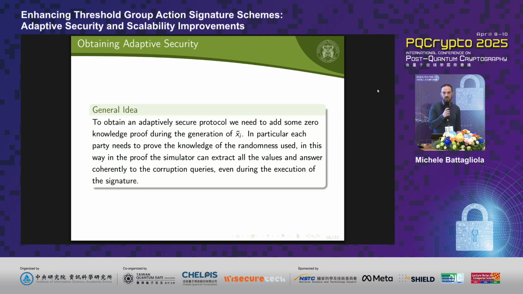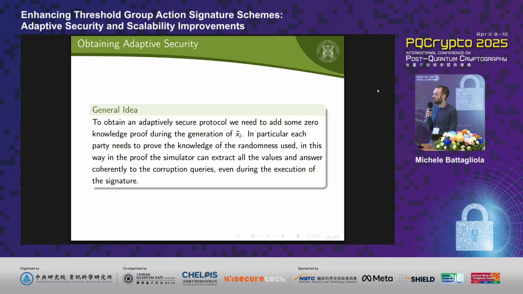So what happens is that I have an adaptively secure protocol, but the security loss is T over N. And in general, this is a pretty standard result: you can turn any statically secure threshold signature into an adaptively secure one by adding a T over N security loss, that is, you are guessing beforehand the set of parties the adversary will corrupt. So our construction was basically pointless, but it was not pointless, because we are using a trivial result.